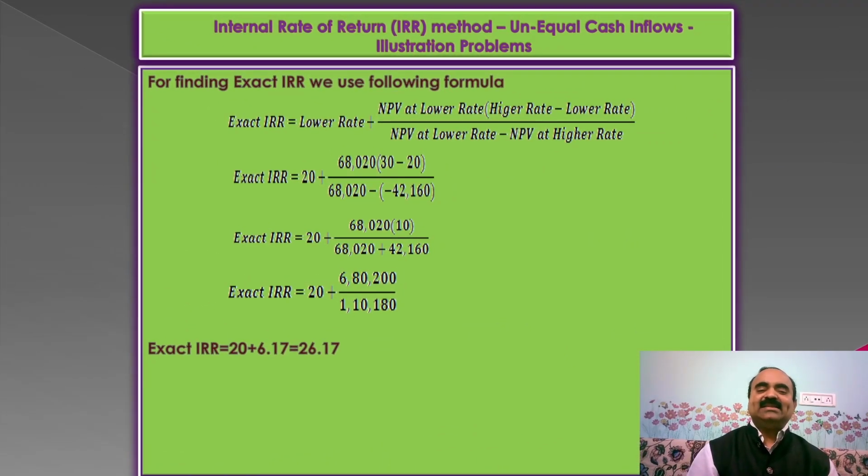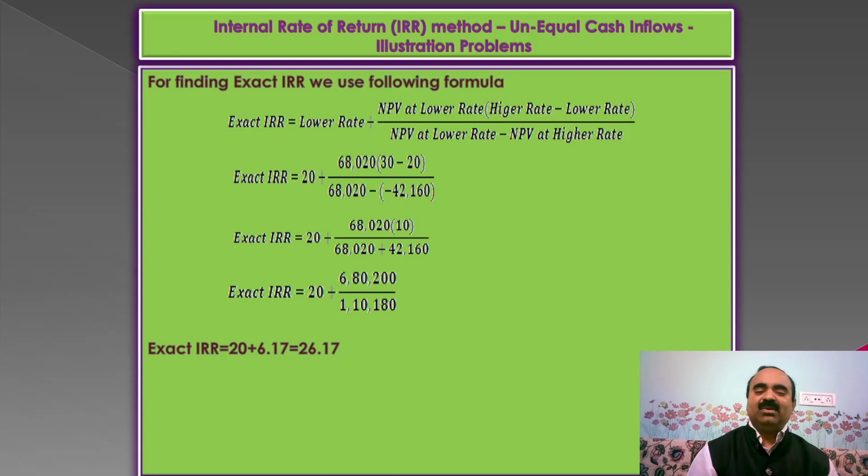For finding exact IRR, I have given a formula. Exact IRR is equal to lower rate plus NPV at lower rate into higher rate minus lower rate, divided by NPV at lower rate minus NPV at higher rate.